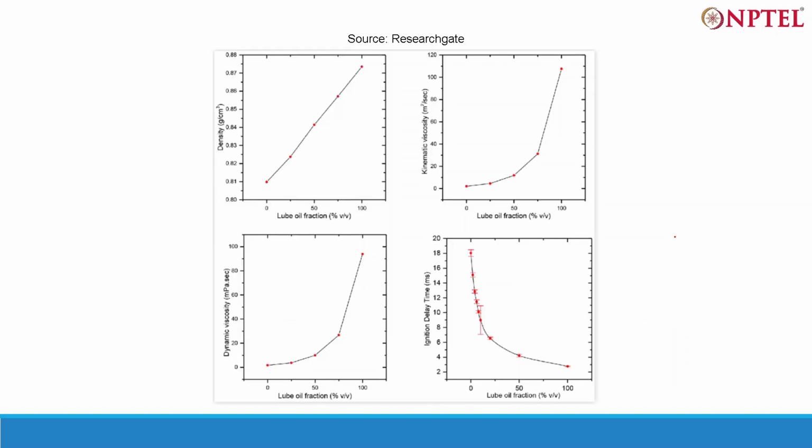And this was a graph, so I think we don't need to go into much detail. This was basically showing the variation of kinematic and dynamic viscosity and density with fractions. You can see how the viscosity actually goes up. It's not like density, which has a linear increase. Okay.